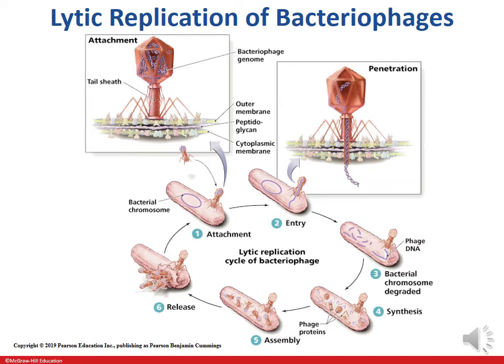So where's it going to get the new nucleic acid that it wants to look like on its way out? It's going to literally steal it from the host. And so to do that, it needs to break down the host chromosome. Once it's done that, it will start to synthesize all of its components. It'll have to make new capsid proteins, it'll have to make new tail fibers, it'll have to make copies of its DNA, things like that, and then it will have to assemble.